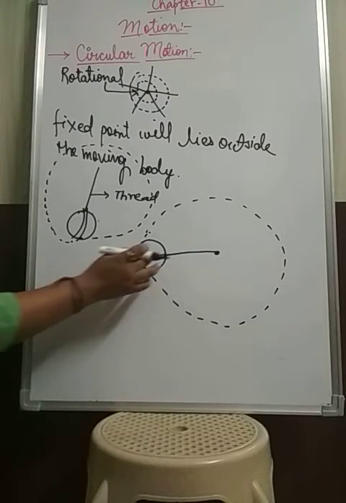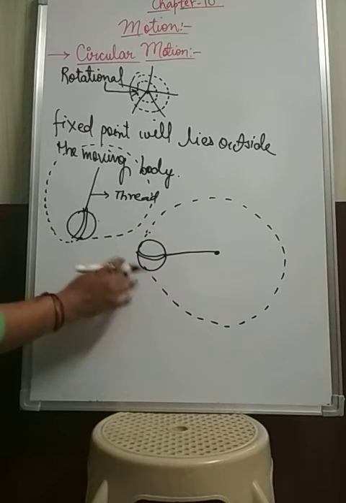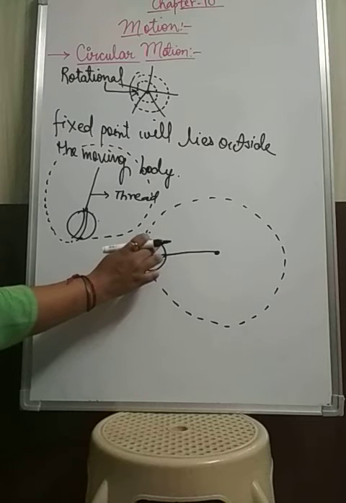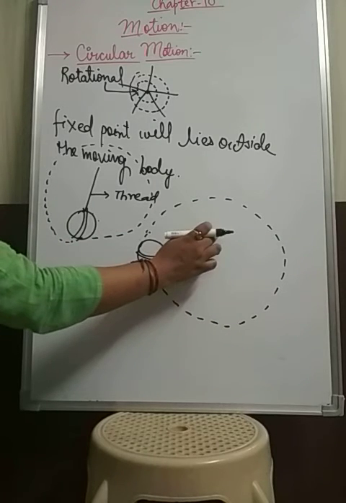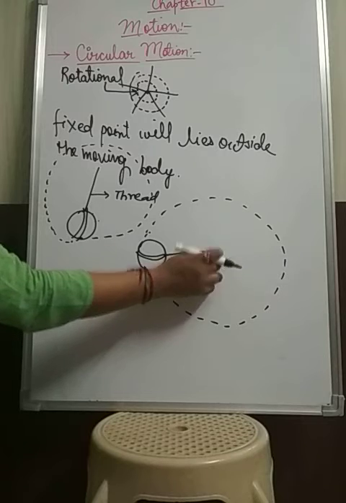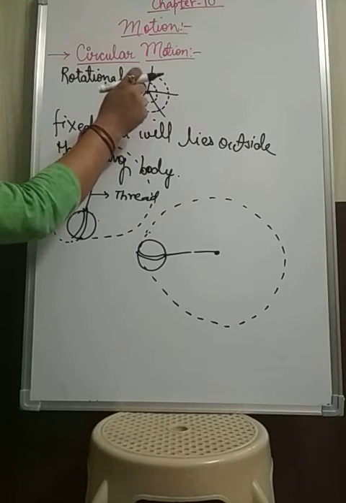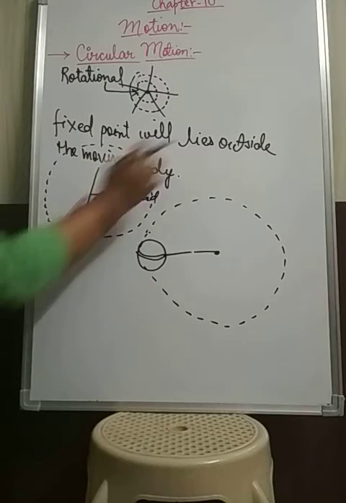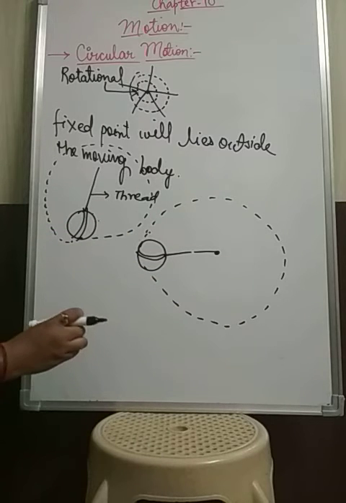That means, जो बॉडी घूम रही है, ये बॉडी मूविंग कर रही है, ये घूम रही है, बट ये किसके अराउंड घूम रही है? इस वाले पॉइंट के अराउंड घूम रही है. Okay, and this fixed point is actually outside the body. But what happens in the rotational motion, that fixed point was within the body. And when it is moving, it just makes a circular motion.